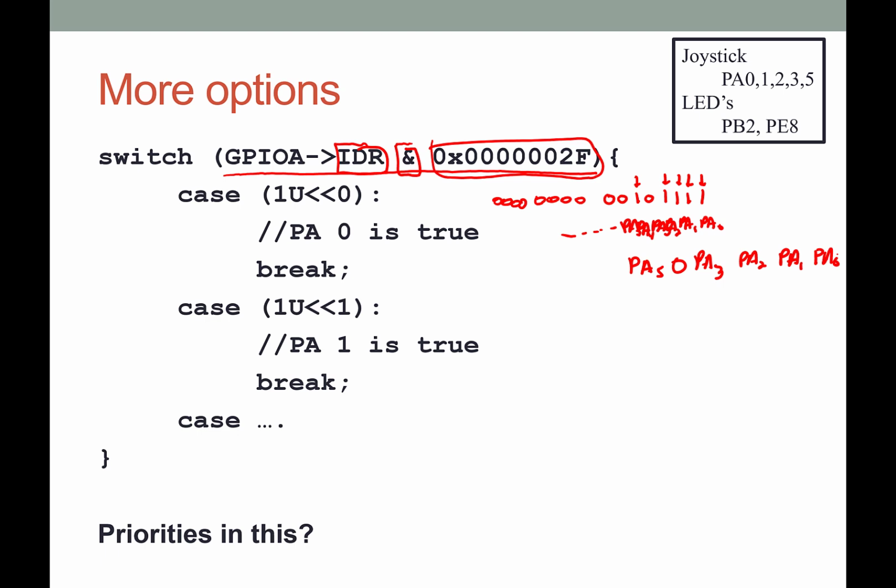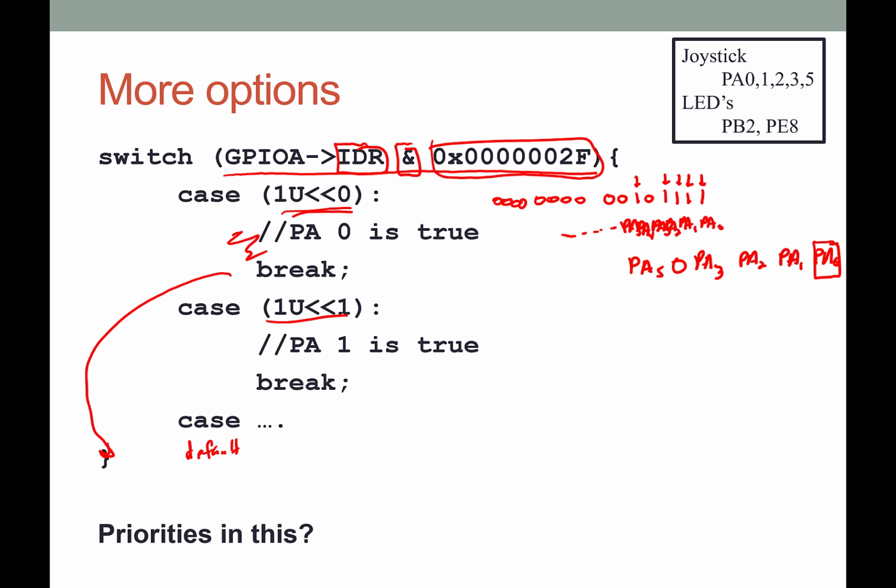So if we get, okay, no shift, in other words, the case is just 1, then that's if this one has been pressed. And then it would execute whatever's in here, and then it'd break to the end of the case statement. Of course, there is a default case that you could have that's not listed in here, but that would just be default before the end, and you could put that in.